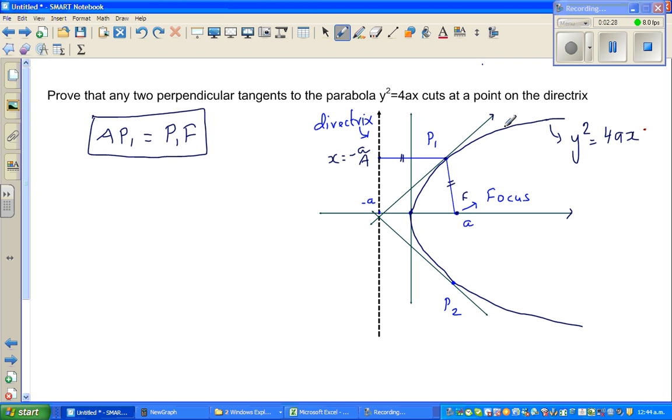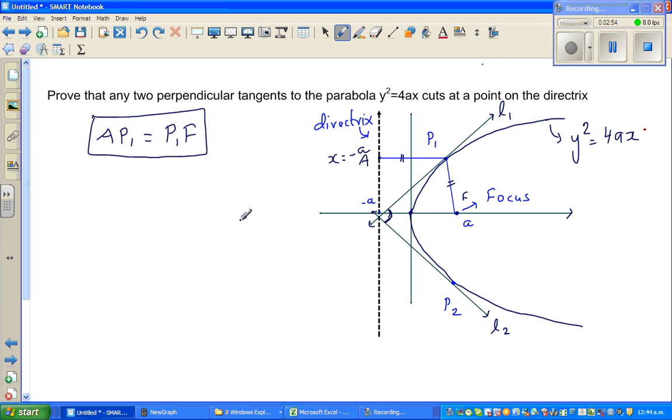So this is your tangent L1 at P1, and this is your tangent L2 at P2, and these two are perpendicular to each other. That means they are right angle to each other, and we want to prove they intersect on the directrix. That's what we want to prove.